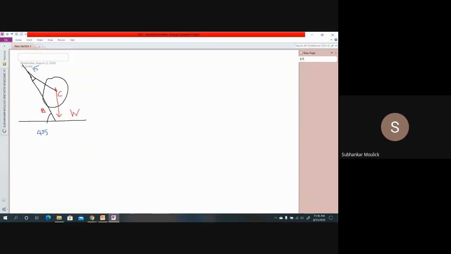The very first step in drawing the free body diagram is to remove external supports from this problem. One external support is the inclined plane that I have to remove.